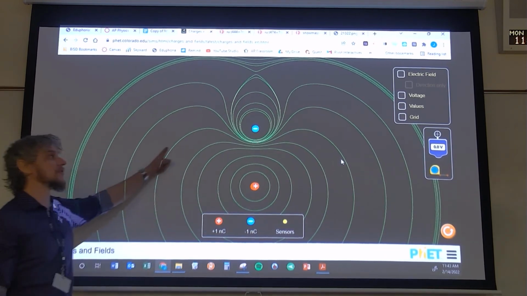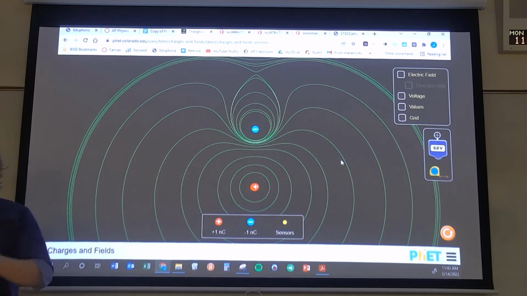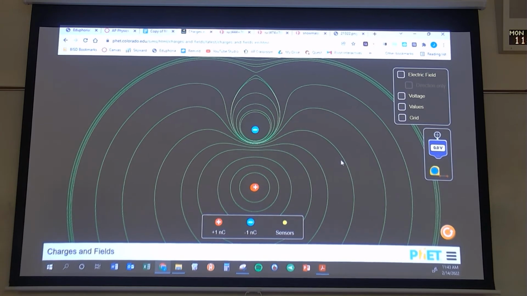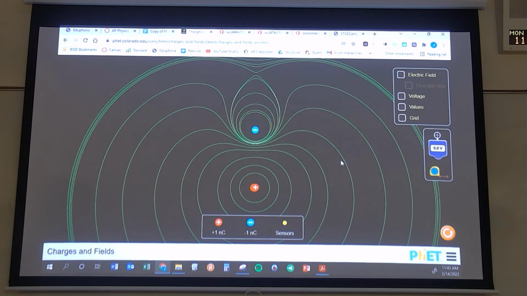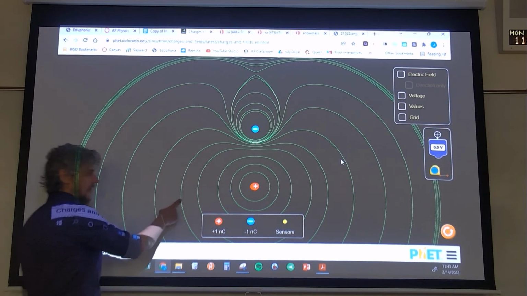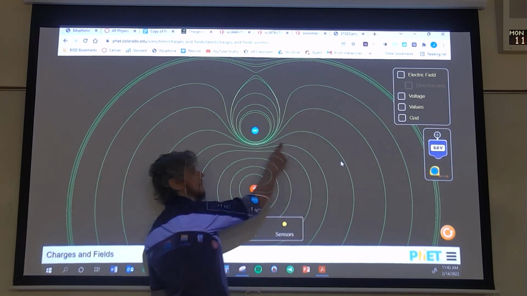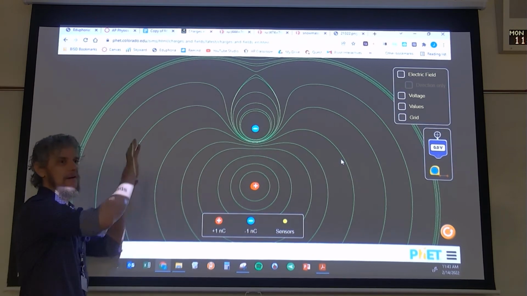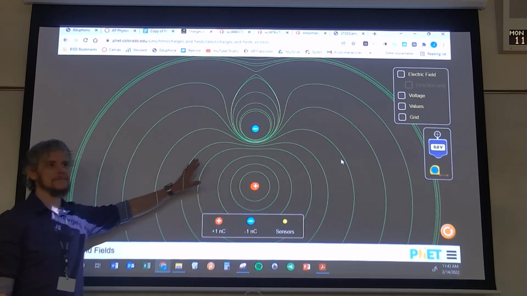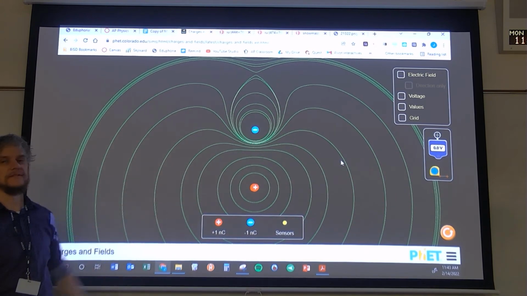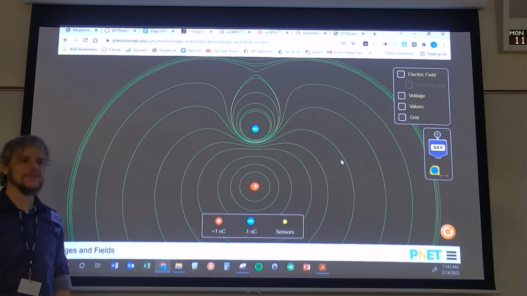Now, often these are called electric potential lines, but they're not lines. What are they? They're not lines. This does not represent a line. It represents a sphere. Shell. Not a sphere, shell. An equipotential surface.